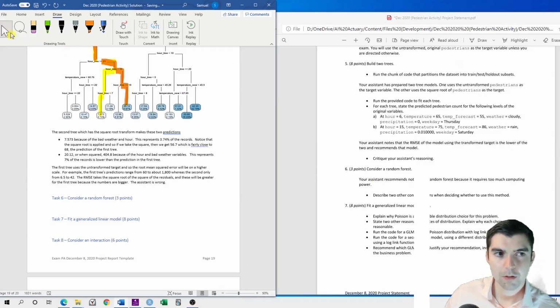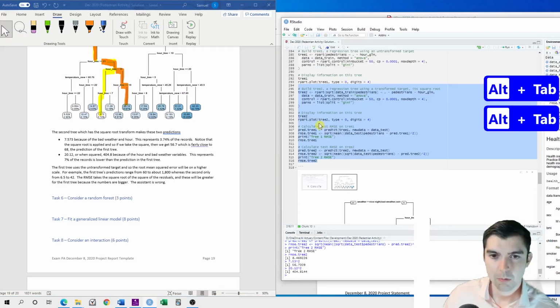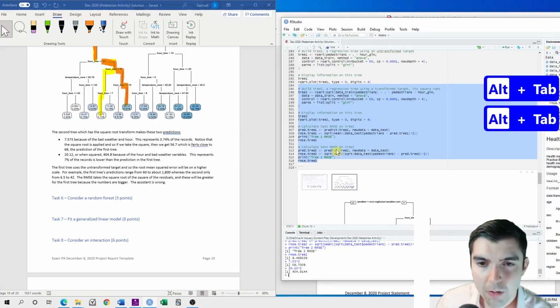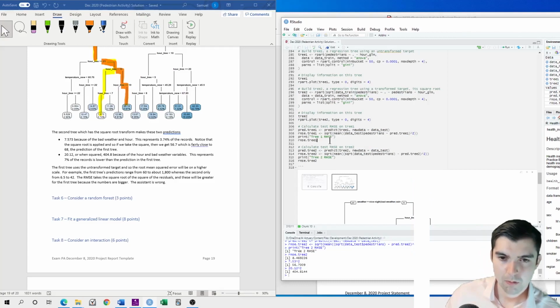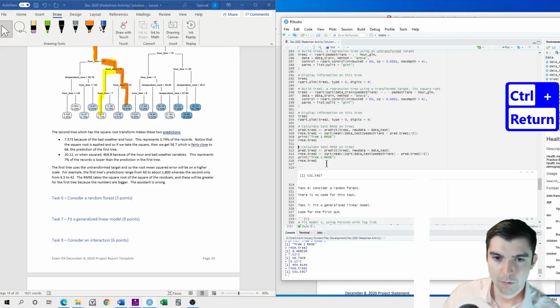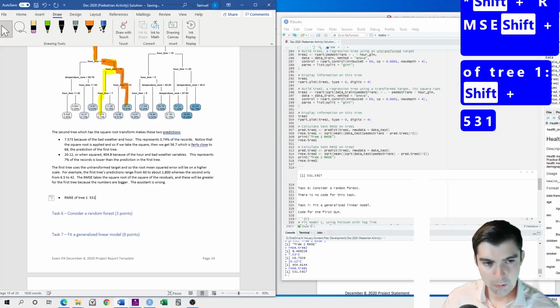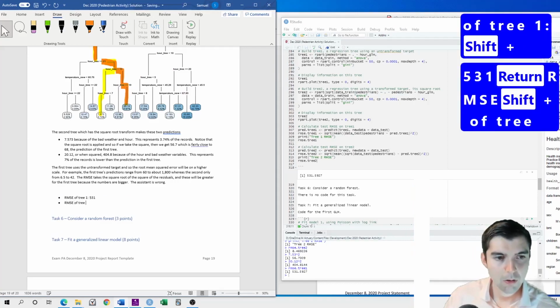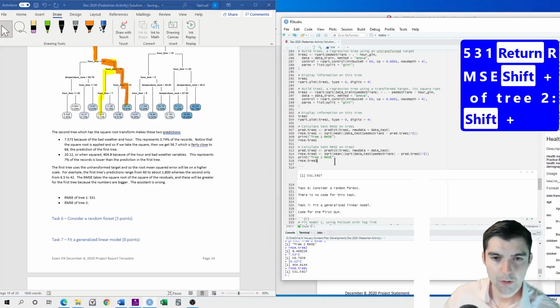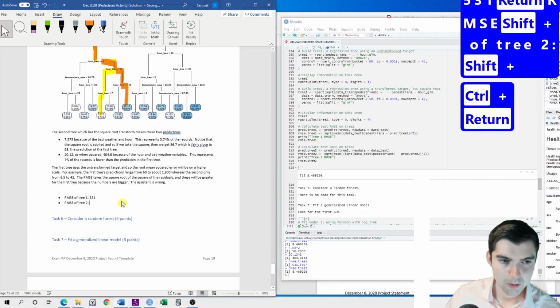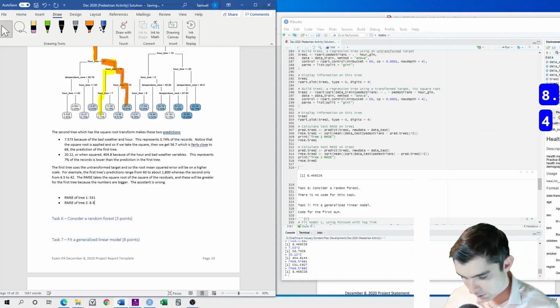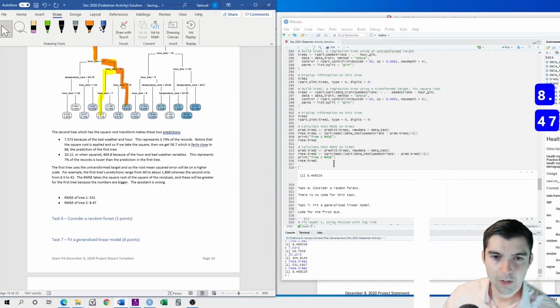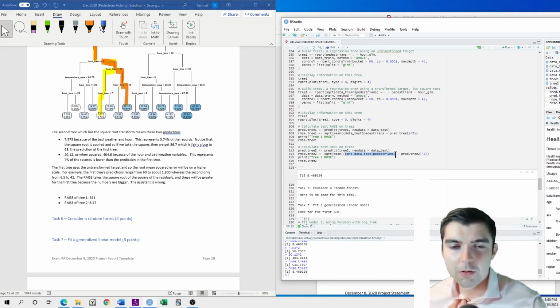Consider a random forest. Your assistant recommends, well, actually, let's look at the RMSEs. 531. RMSE of tree 2, it's 8.47. Well, what if we take, this takes the square root. Wait, this is interesting.